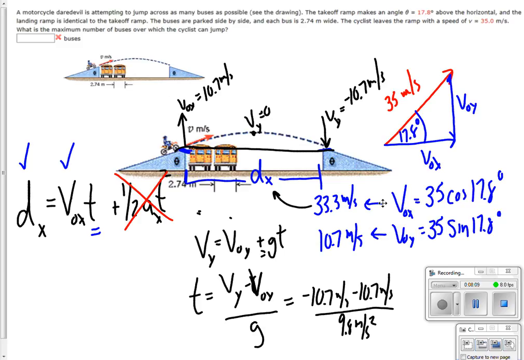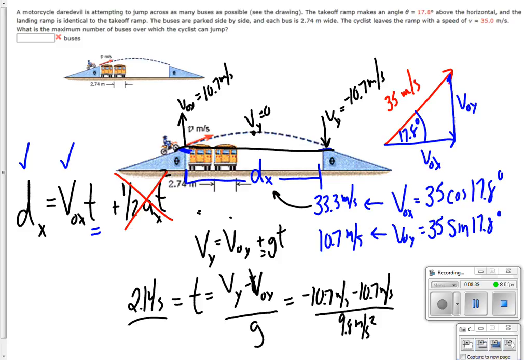So that's going to give me a time of about 2.14 seconds, because his change in velocity is 21.4 meters per second at a rate of 9.8 meters per second squared. So that's going to give me a total time of 2.14 seconds, right?